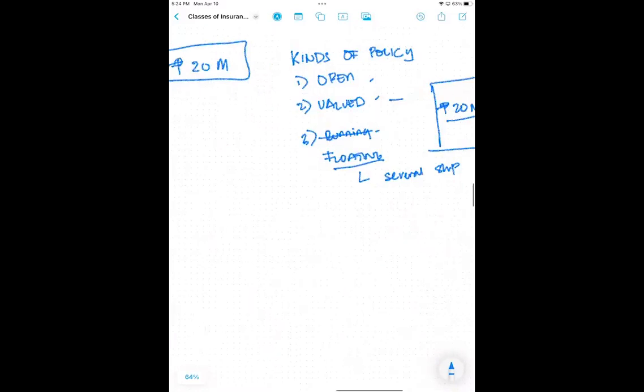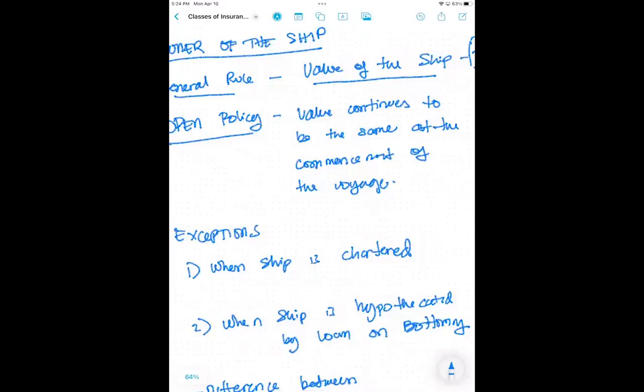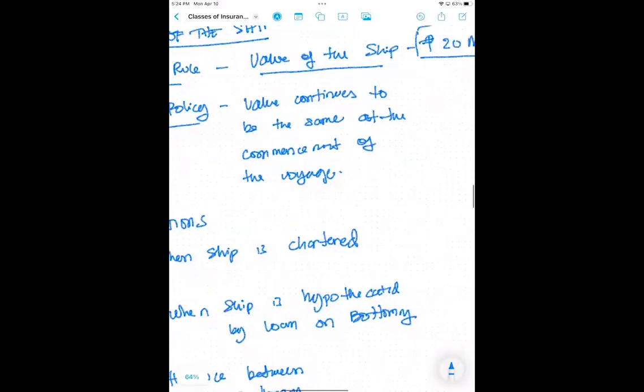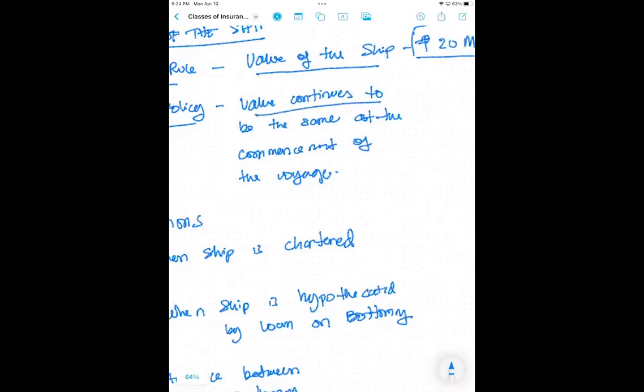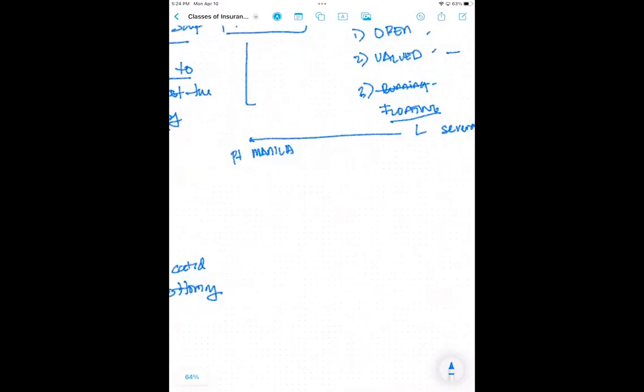But what is important insofar as the bar exam is concerned is when the policy is considered open, the value continues to be the same as at the commencement of the voyage. So let's say, for example, the ship is 20 million. At the time when it departed from Port of Manila, the ship is worth 20 million.